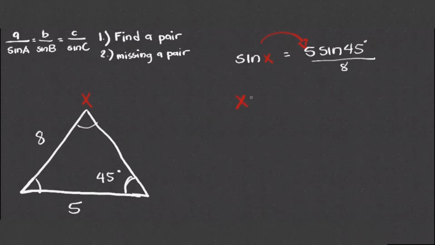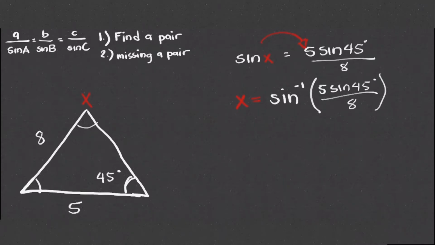So therefore, x is equal to inverse sine, or what you call the arc sine, of 5 sine 45 degrees over 8. So you plug it in the calculator, and therefore, the angle x is equal to 26.23 degrees.